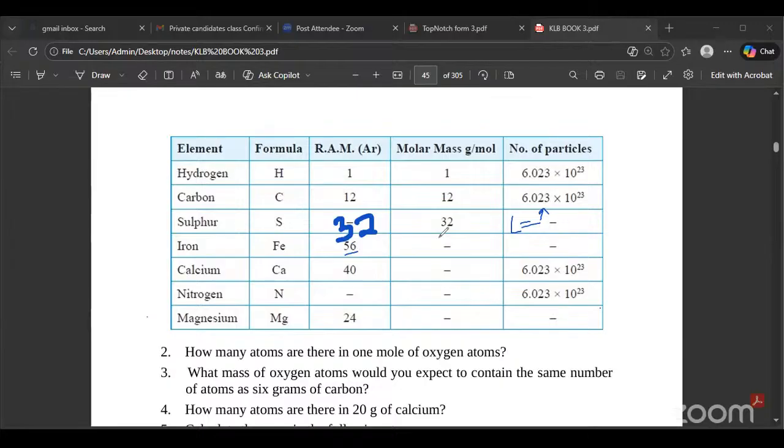We have RAMs. Remember when I was talking about the moles, I said 1 mole, let me just write it on top here so that it can help us in solving even the other equations. 1 mole is equal to the RAM. RAM is also what we call the molar mass. It is the one that is normally given. Of course, most of us are not told, nobody will tell you this, but I'll just give you the RAM.